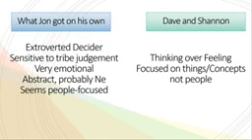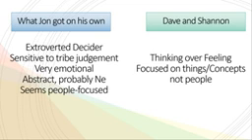So what I was able to get from this was extrovert decider, very sensitive to tribe judgment, obviously very emotional. He's very abstract, probably NE. He's very open to exploring things and is very focused on opportunity, and he seems people-focused.